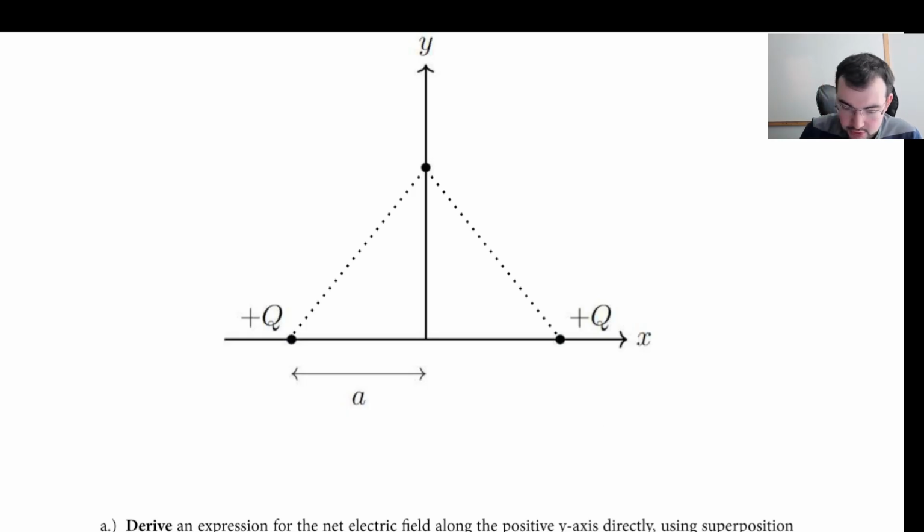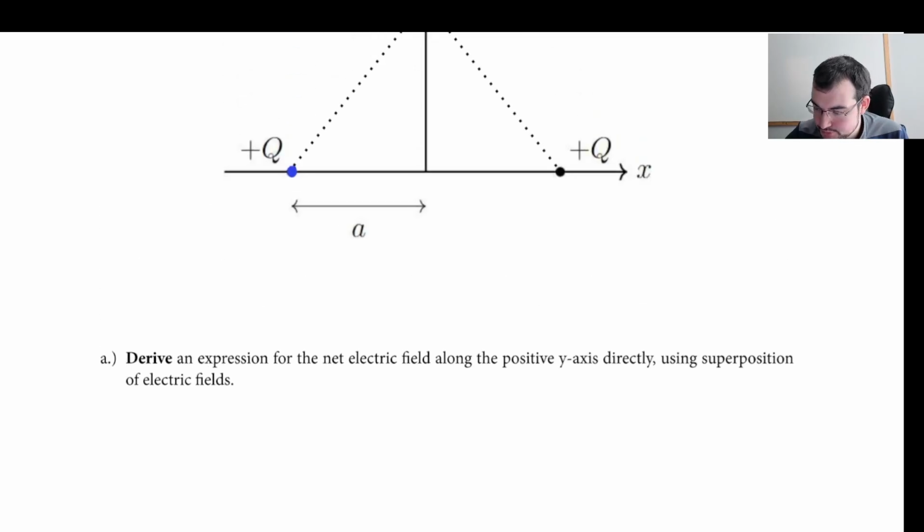So both of these Q's are going to be sources, because a positive charge would get directly repelled by each of these. So we see that what ends up happening is we're going to have this sort of net electric field that points directly along the y-axis. So now it's just a matter of doing some trigonometry.